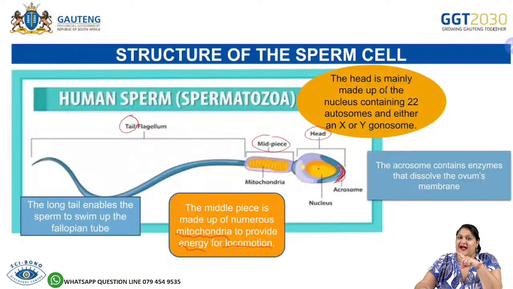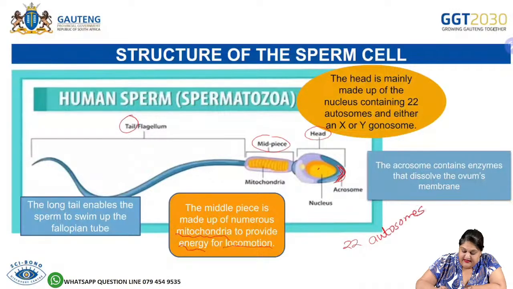Remember. Now, what do you remember about gametes from meiosis? We also know that there are 22 autosomes in a gamete. In a diploid cell, there are going to be 44 autosomes.